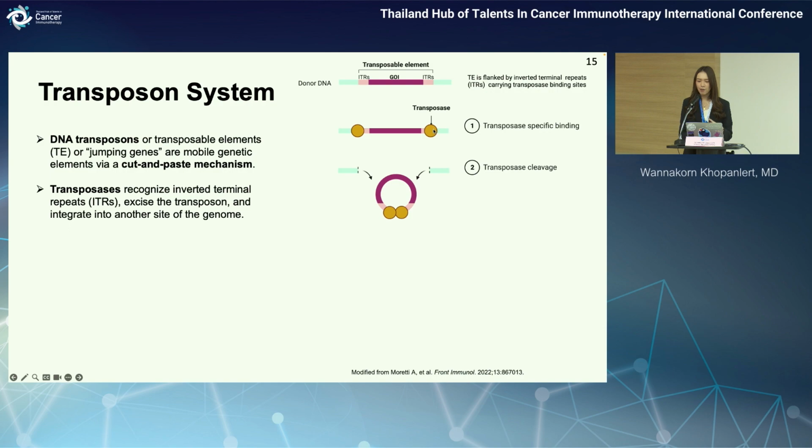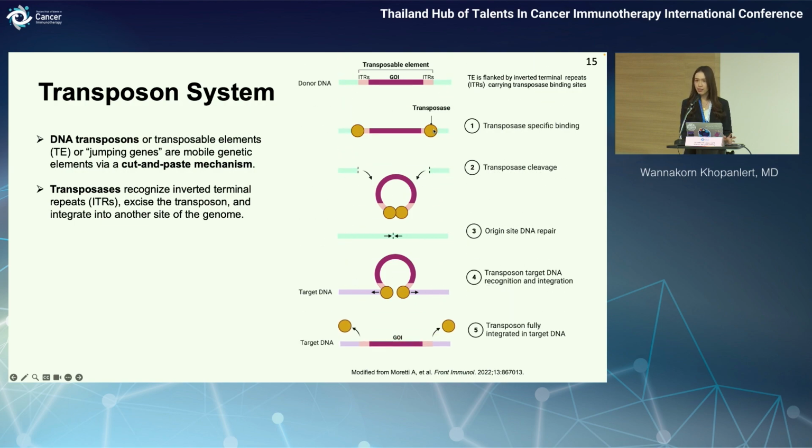After that, it induces a double-strand break through the formation of the synaptic complex. The original site is rapidly repaired by host non-homologous end joining, and the transposon recognizes the target DNA and completes the integration.